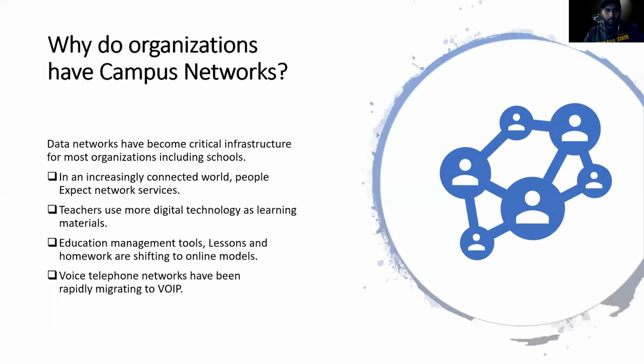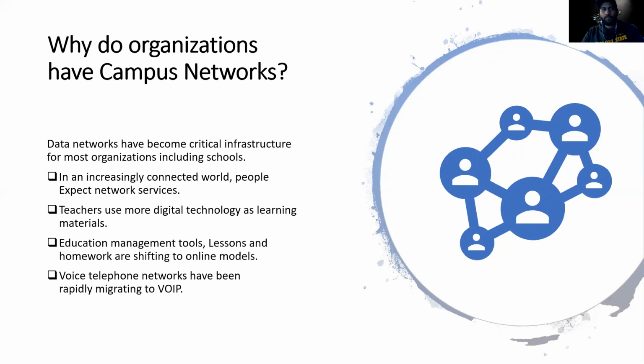So let's talk about why organizations have campus networks. In a time like this, we have a pandemic going on in the world, and in these times, people often go for online services.